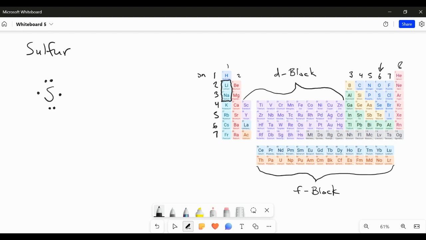Now, it doesn't actually matter where you put the pairs as long as you have two paired and two unpaired. So that means that this is the same as something like this. It's the same as something like this.